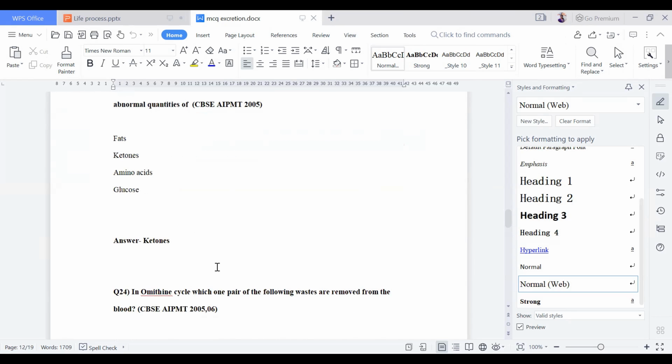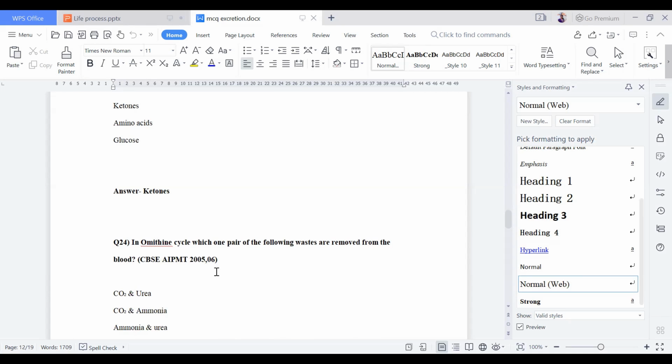24th question. In the ornithine cycle, which one pair of following wastes are removed from the blood? Option A, carbon dioxide and urea. Option B, carbon dioxide and ammonia. Option C, ammonia and urea.